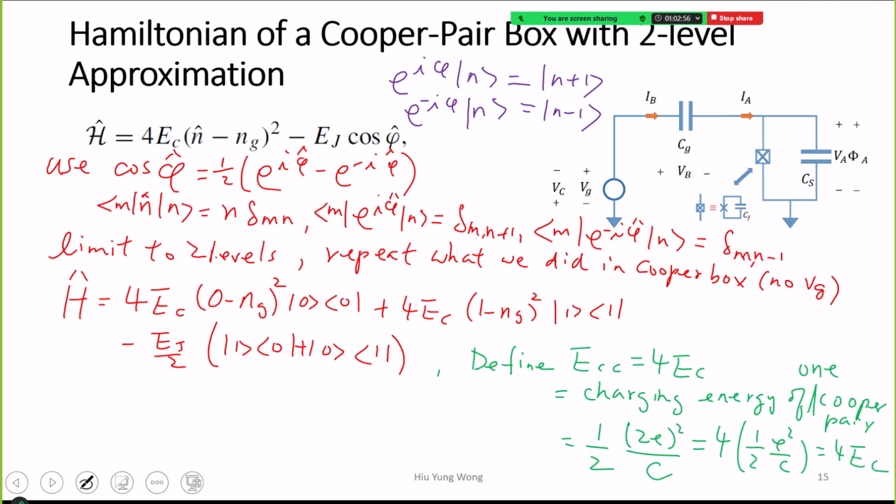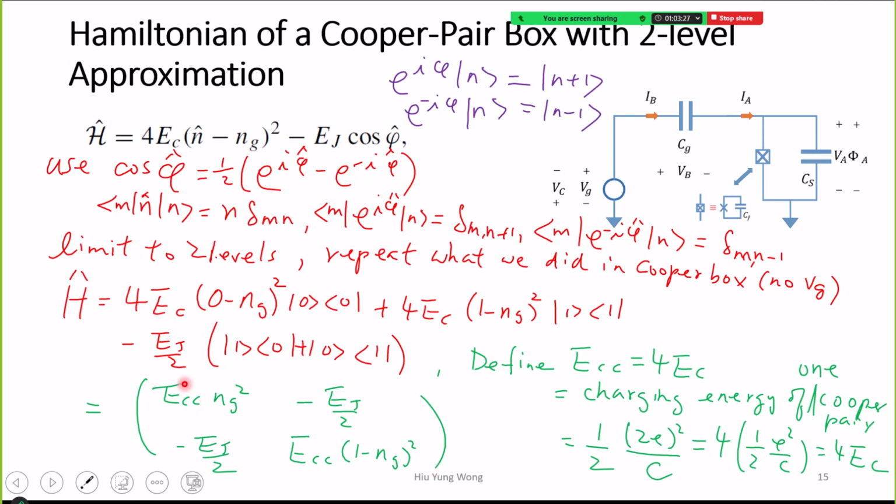So I would like to write it in this way. As a result, this one is going to be ECC times ng squared. The diagonal is ECC times 1 minus ng squared. Off diagonals are going to be negative EJ over 2, negative EJ over 2, right?